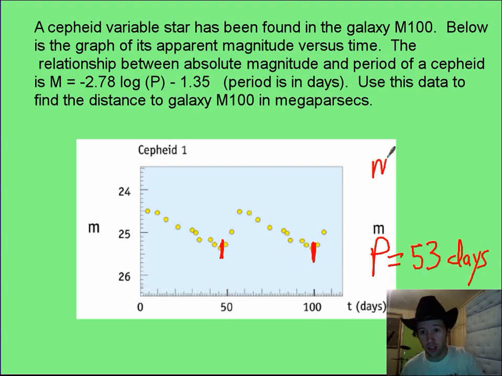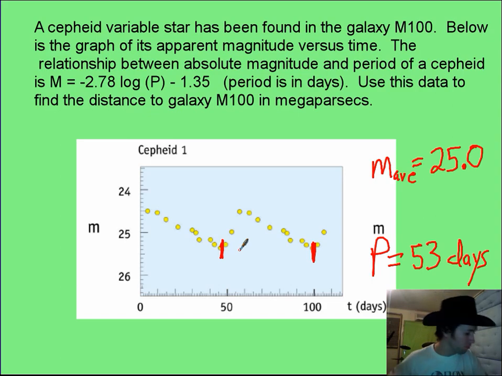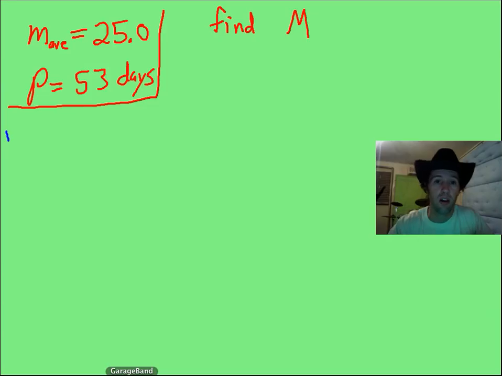Then you need to estimate your average apparent magnitude. And I estimated that to be about 25.0. I looked at the top, I looked at the bottom, and I took the average between them. You're done with the graph.